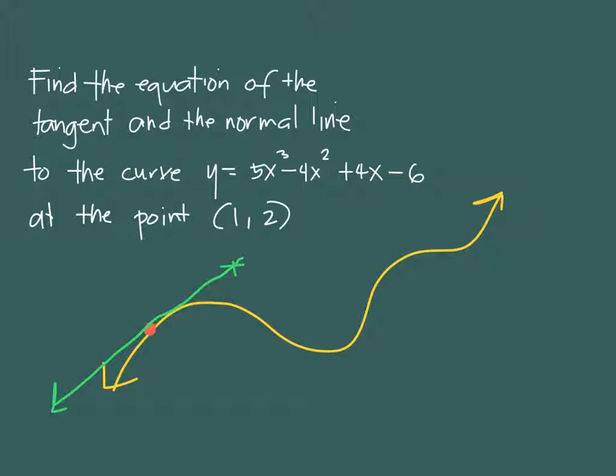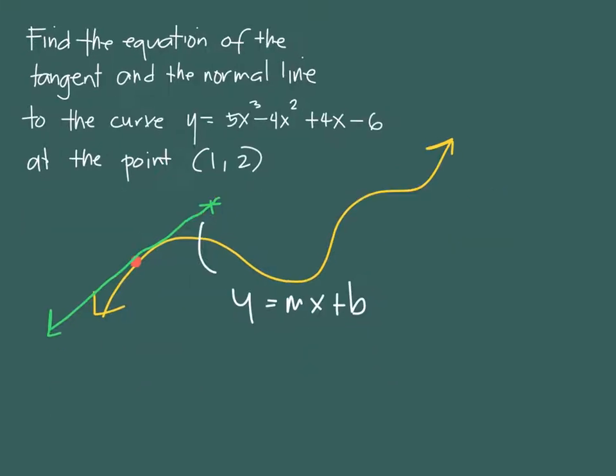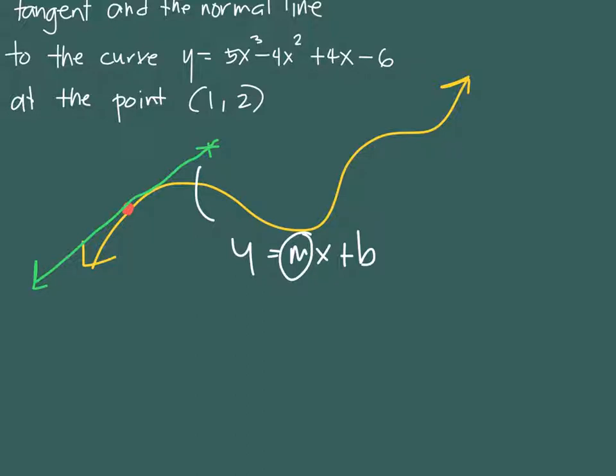And every line follows the form y equals mx plus b. Okay, now here is the connection. The slope of the line is the same as the slope of the curve at that point. And the slope is the derivative at that point.